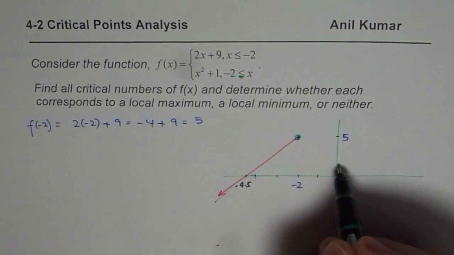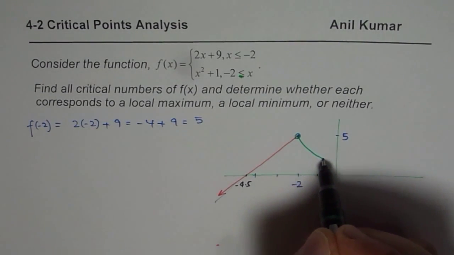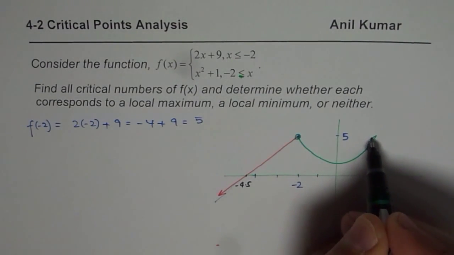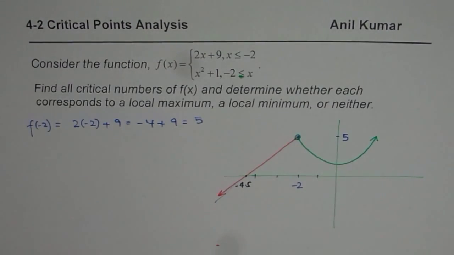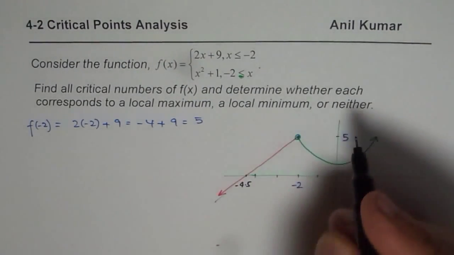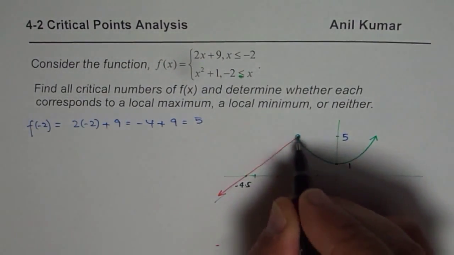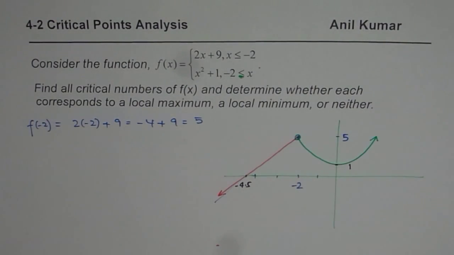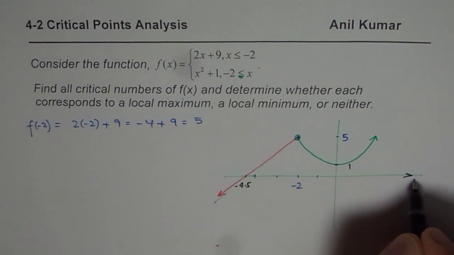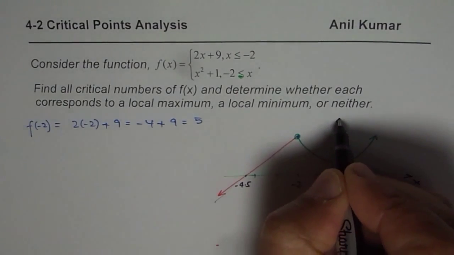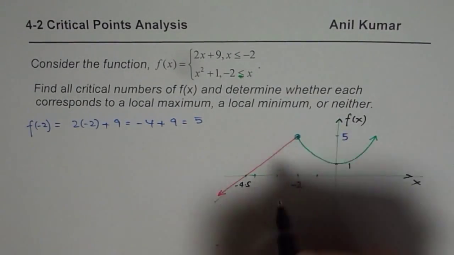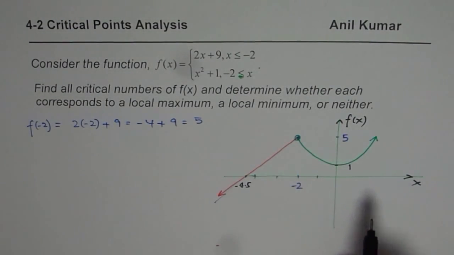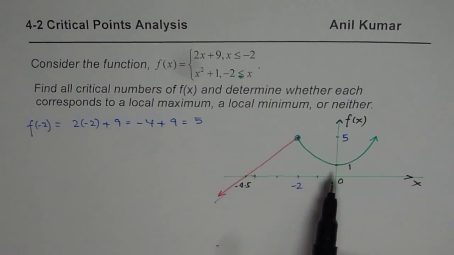So the minimum is at 0, and the parabola goes upwards like this. X equals 0 will give us a value of 1. So that is the kind of function. Once you sketch the function, it is simpler to solve a piecewise function. That's the whole idea. It's not difficult to sketch these functions. Do you get the point? It is not asked for, but it is better to do.